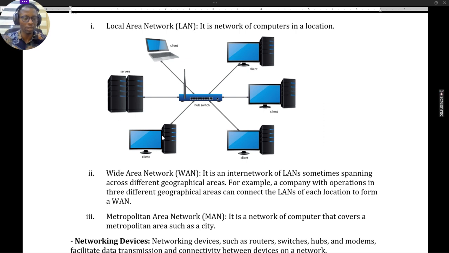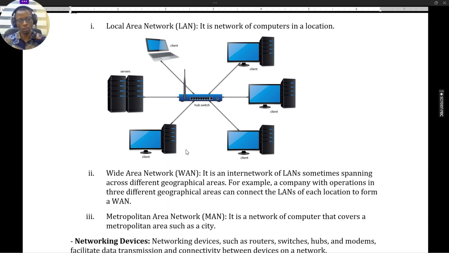So it can range, and sometimes it may be difficult to tell the difference between the LAN and the WAN because of some specific reasons. So in simple terms, I just want to be very simple. When you think about a very small network, you think about a LAN. When you think about a network that spans across different geographical areas, you think about a WAN.